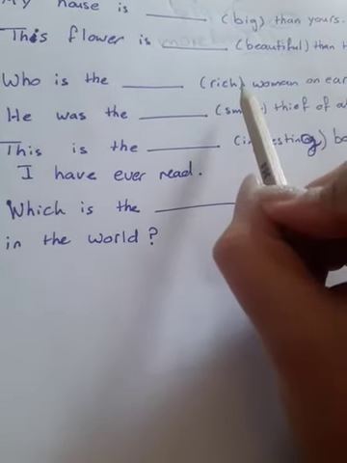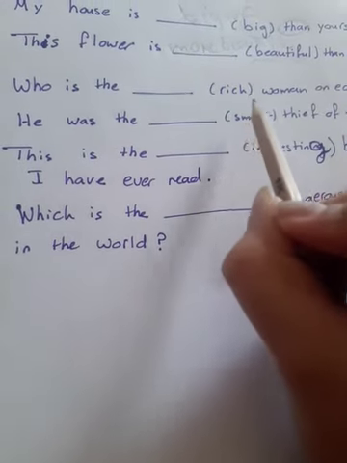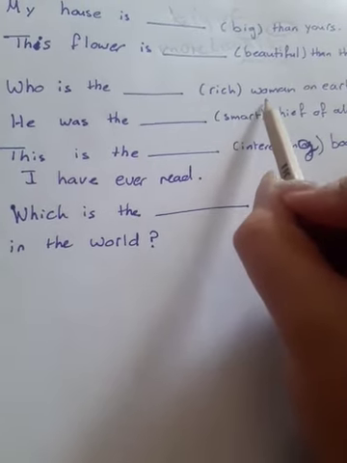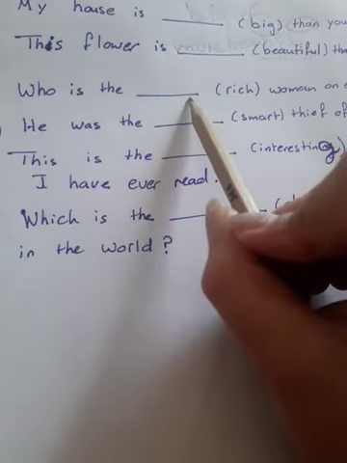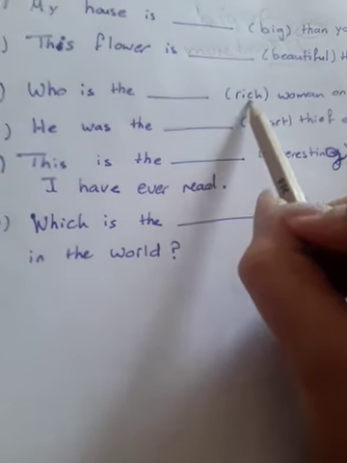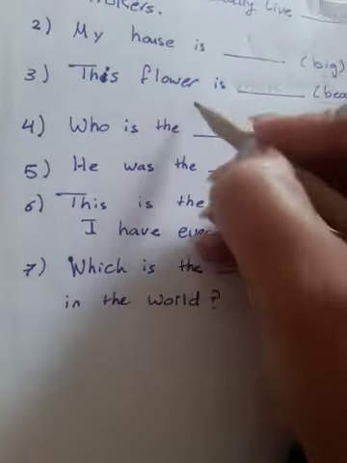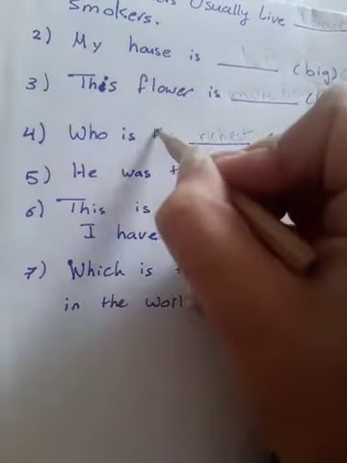I did not compare this woman to other women. No. Here, I just compared this woman to all persons on earth. So in this case, you can't use er, and rich here has one syllable, so you have to say what here? Richest. And don't forget to use the before it.